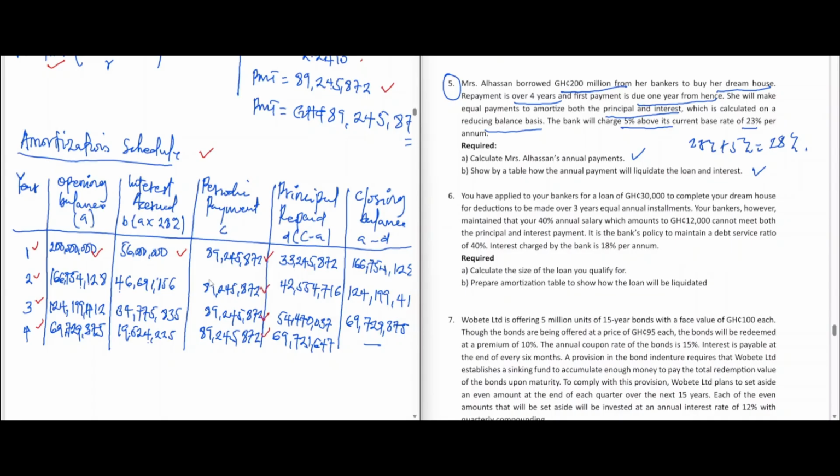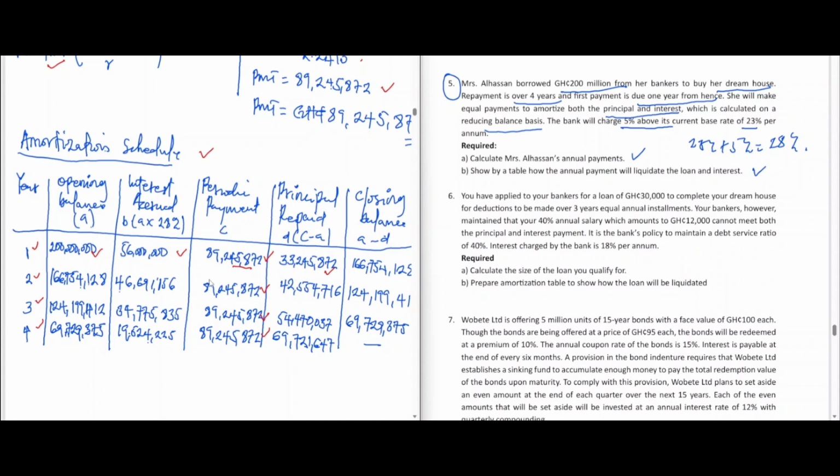They will make this payment every year for the 4 years. Then the principal repaid will be the periodic payment minus the interest, which shows the principal paid, right? So which is 89,245,872 minus 56 million. So we now get 33,245,872. To get our closing balance, we subtract this principal repaid from the opening balance.